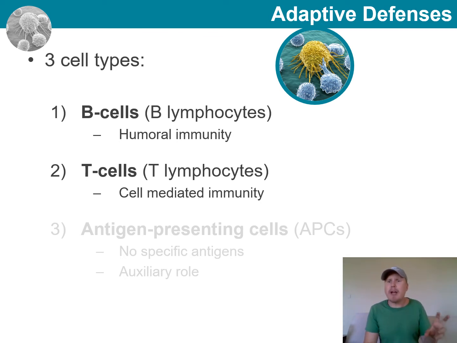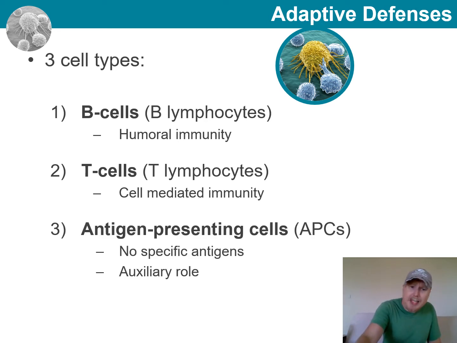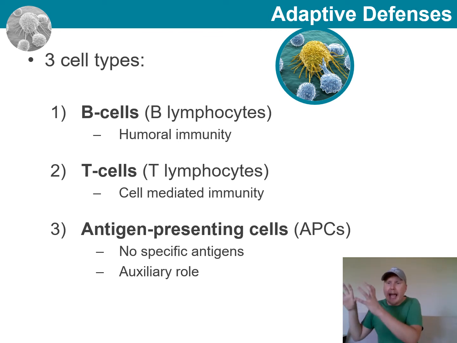Remember, these were associated either with humoral immunity, and this was B cells, or cellular immunity, this was T cells. In addition, we have antigen-presenting cells. These are often abbreviated as APCs for short. They play an assistant role, showing an antigen to other immune system cells.